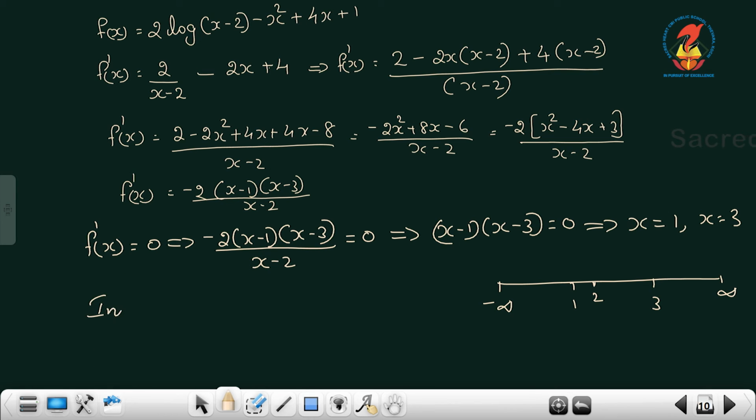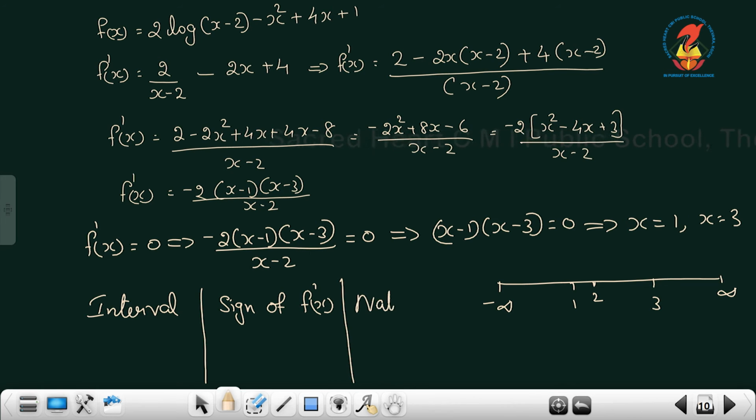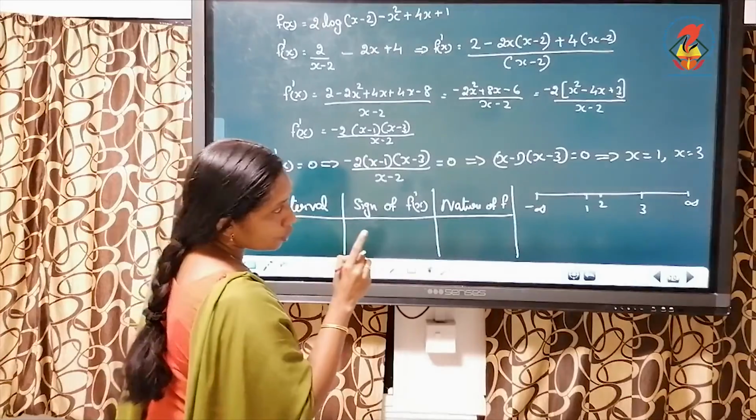So make a table: interval, sign of f dash x, and the last column, nature of f. The first interval is 2 to 3.